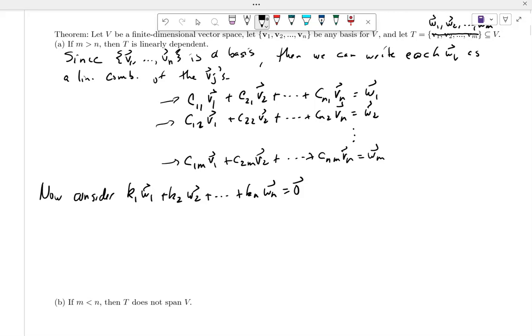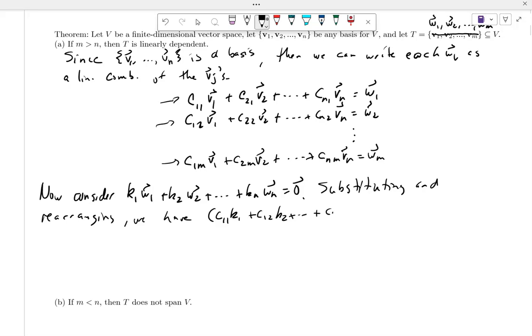For my V1s. So substituting and rearranging, we have C11 K1 plus C12 K2 out to C1m Km.